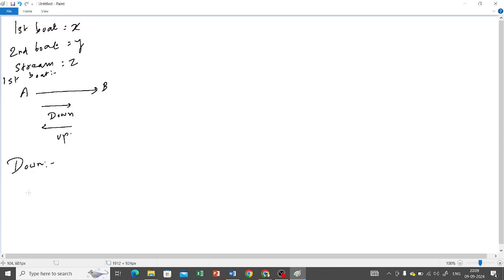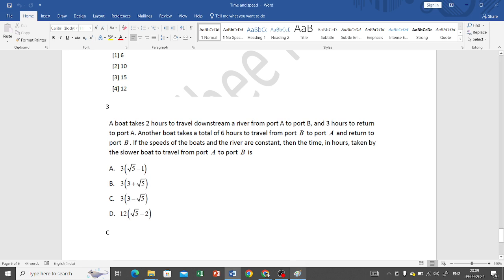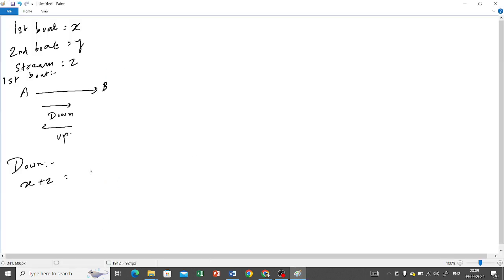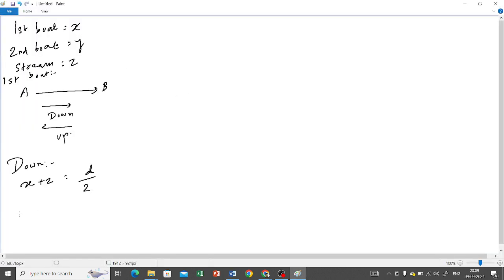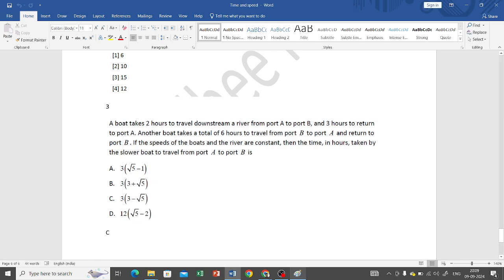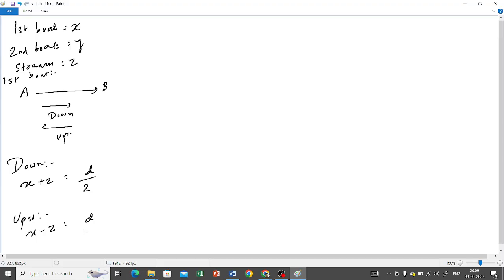So what is the speed of the boat? x plus z is equal to, what is the distance? I don't know, d divided by what is the time? 2, right? So I'm getting x plus z is equal to d by 2. This is equation 1. Upstream is going to be x minus z. That is going to be d divided by 3, since it takes 3 hours to return.